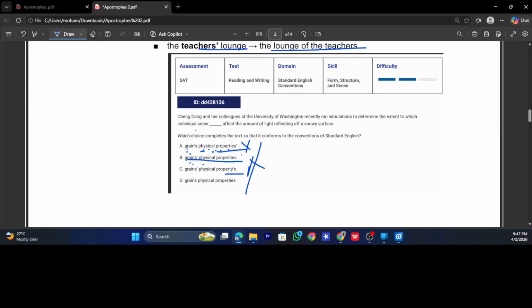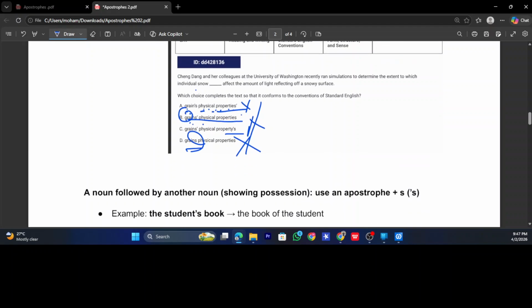Choice D is also incorrect because the context requires a plural possessive noun, and not the plural noun. So this choice is incorrect, and B is the correct answer. So move on.